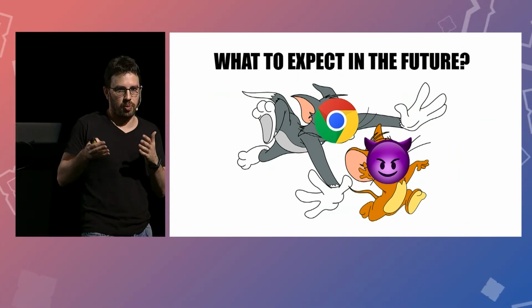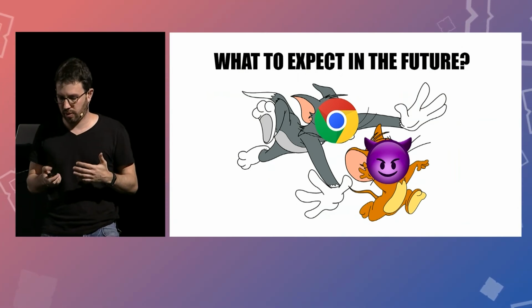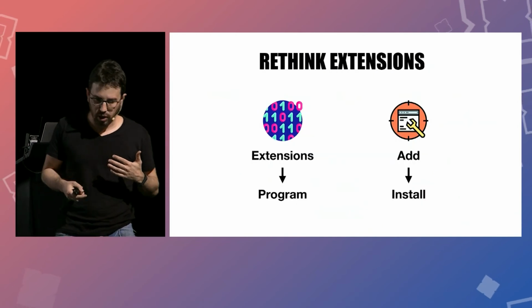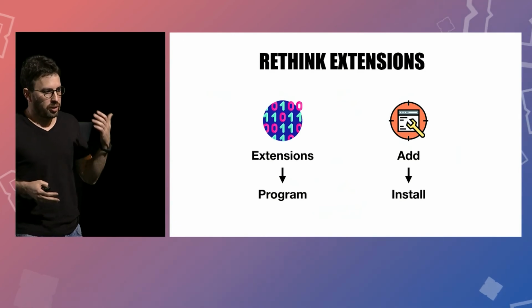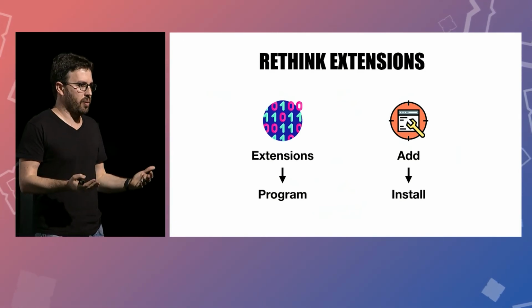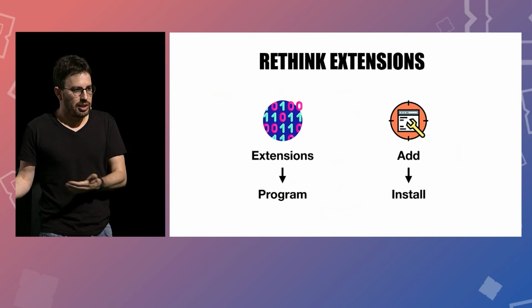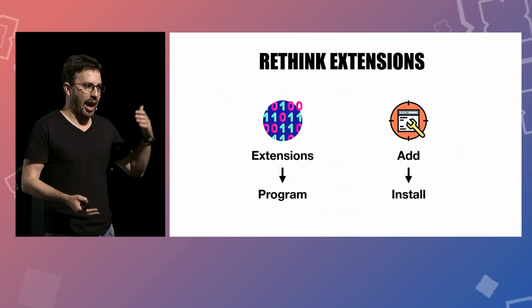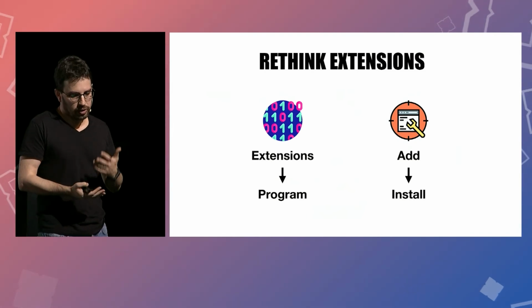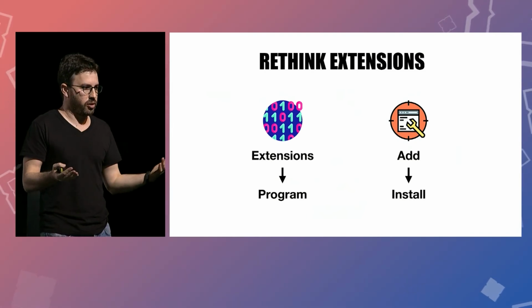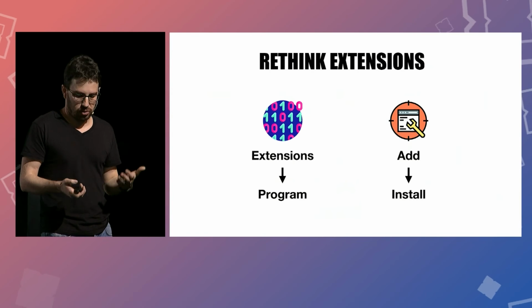This moved the responsibility towards us, the users. And maybe we can stop thinking of extensions as cute tools that we add to the browser and start thinking about them as programs. Instead of thinking that we're adding an extension, think about installing an extension. Once you install a program, everything we know today about software is relevant.